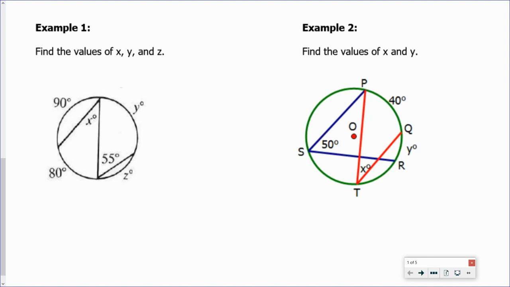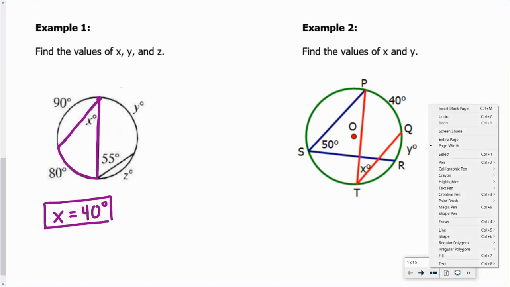I'm going to determine the value of x first. x is an inscribed angle, and the arc that it intercepts is 80 degrees. According to the theorem we just looked at, x should equal half the measure of that intercepted arc. Half of 80 degrees is 40 degrees. So x in this case is going to equal 40 degrees.